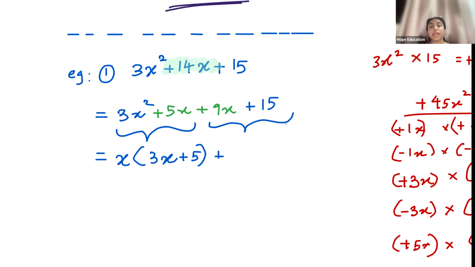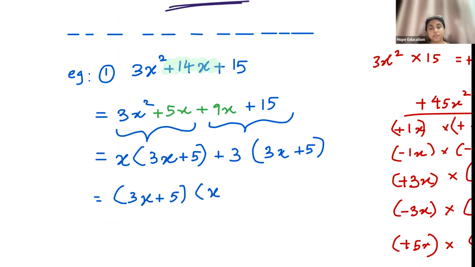So from 9x, when I take 3 out, I get 3x. From 15, when I take 3 out, I get 5. So we get 3x plus 5 and x plus 3. Even when you rearrange the terms, sometimes the simplification would be easier, but you would still get the same answer as the final answer. Did you all understand this, Lamai?